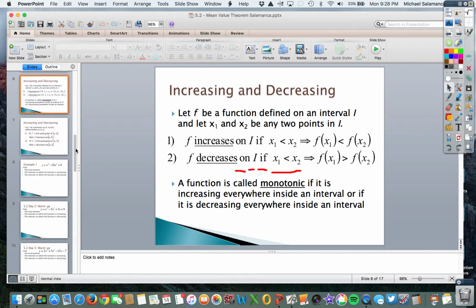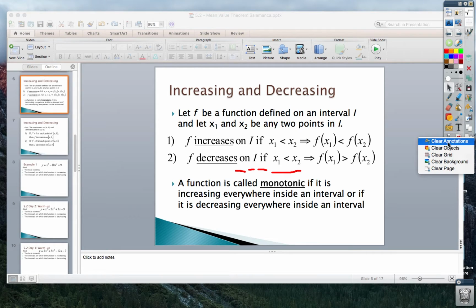So what that's getting to is it starts to tell us about critical points, and it starts to tell us about increasing and decreasing values. So I'm going to read this to you quickly, and then we're going to go over some practice. It says, let f be a function defined on an interval I, and let x sub 1 and x sub 2 be any 2 points in that interval I. It says f increases on I if x sub 1 is less than x sub 2, then that implies that f of x sub 1 is less than f of x sub 2.